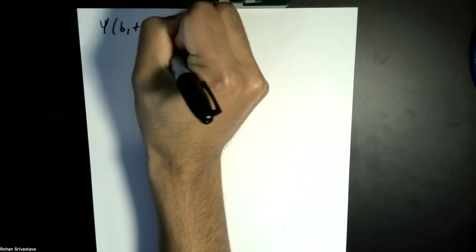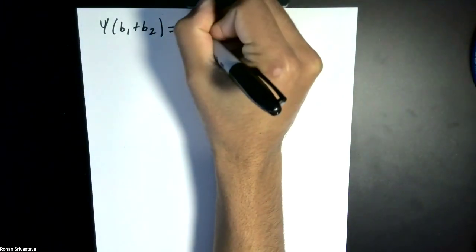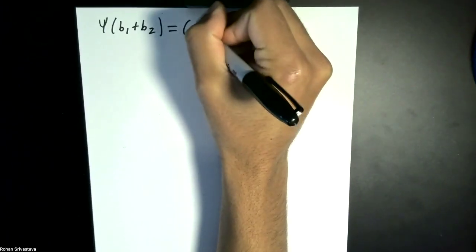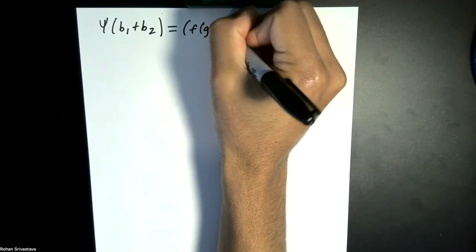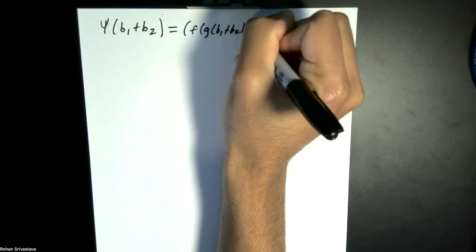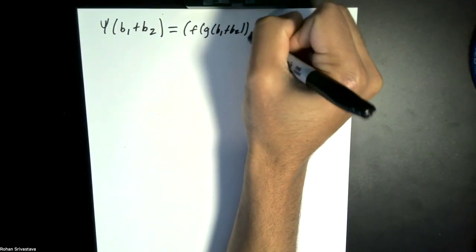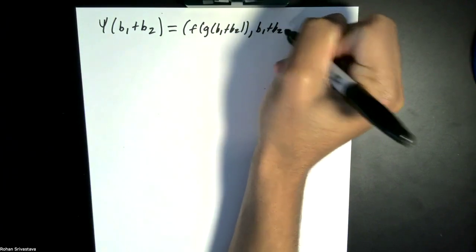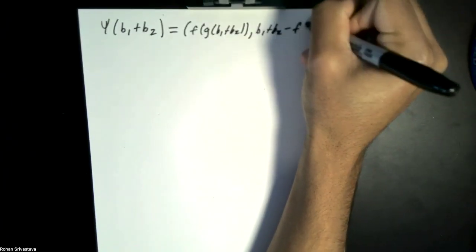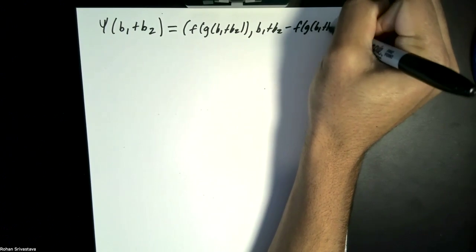So to do that, let's consider two elements b1 and b2 in B and look at psi of b1 plus b2. Well, that will be F of G of b1 plus b2, comma, b1 plus b2 minus F of G of b1 plus b2.